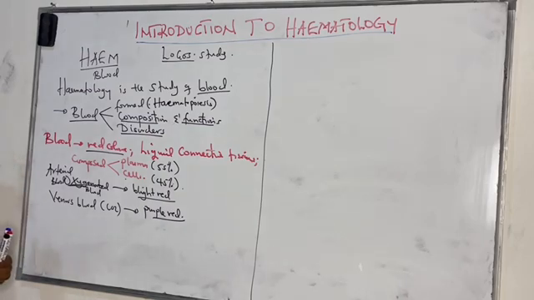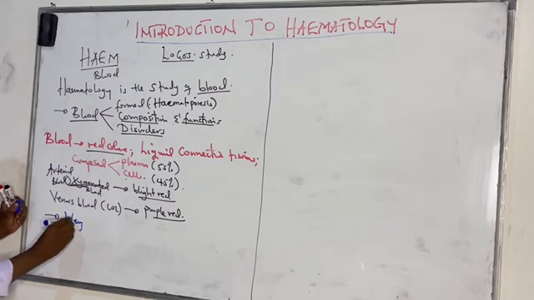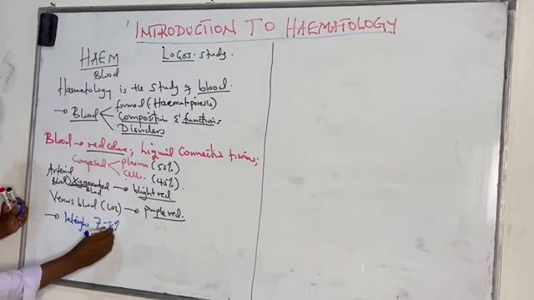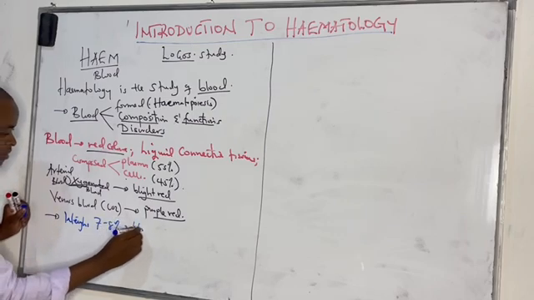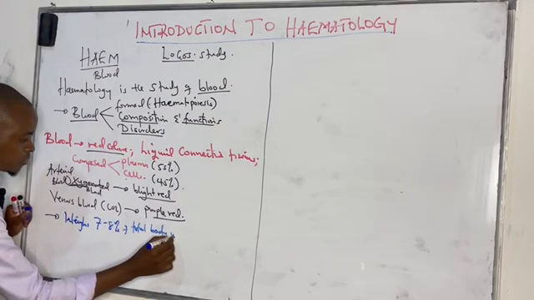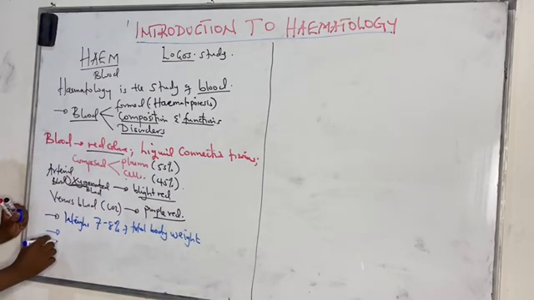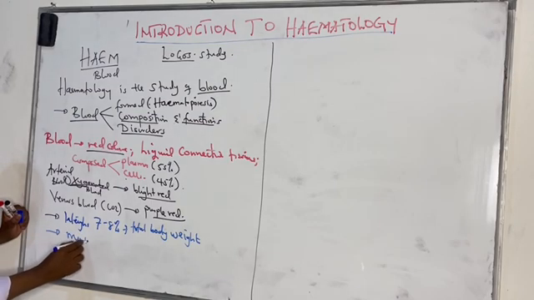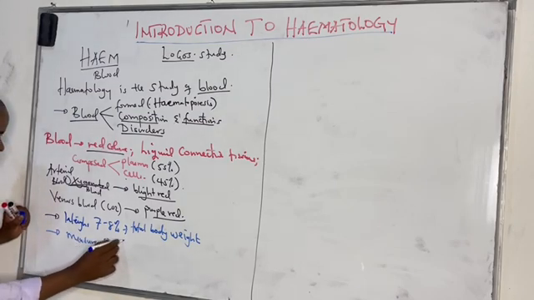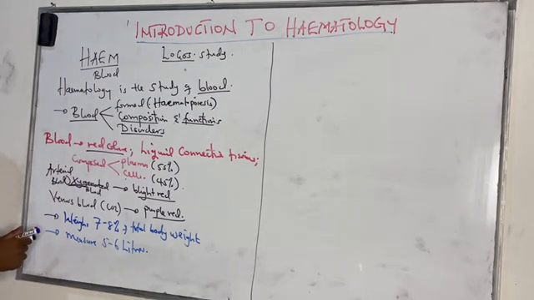And this blood in the human body weighs 7 to 8% of total body weight. In terms of liters, it measures 5 to 6 liters in adults.